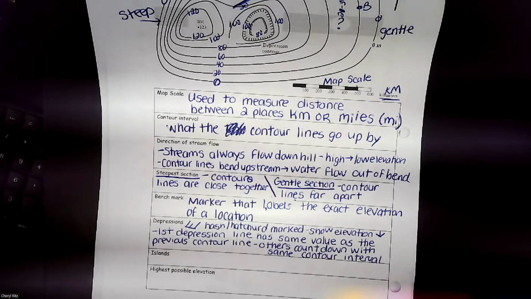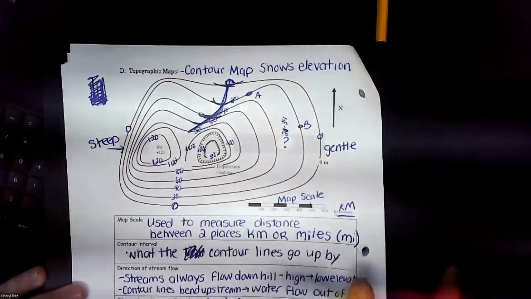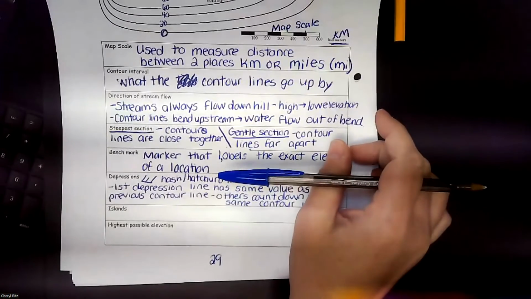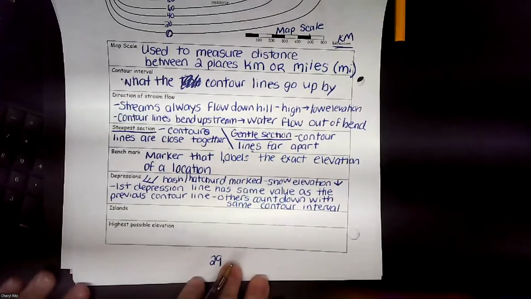So an island on an ocean, I guess, again, I should have mentioned, you can tell if something's an island if the first contour line, like this one, is 0 all the way around. So that's all we need to put here for island.